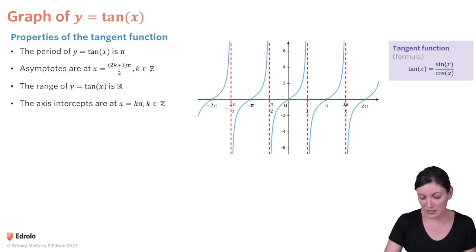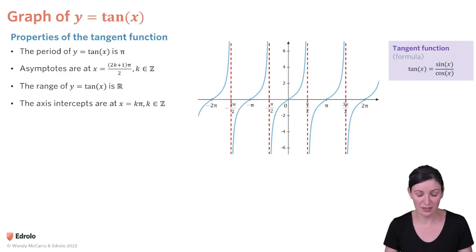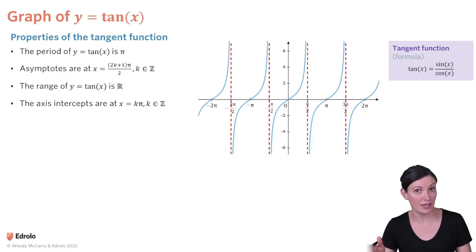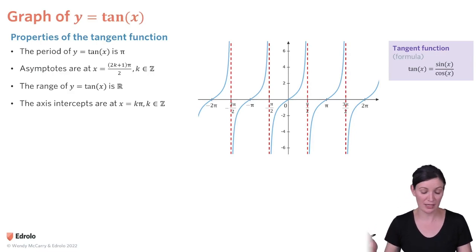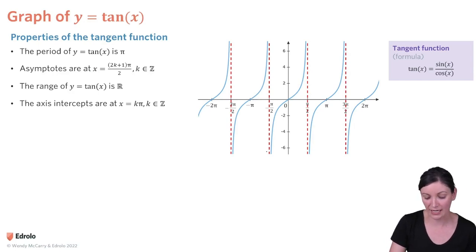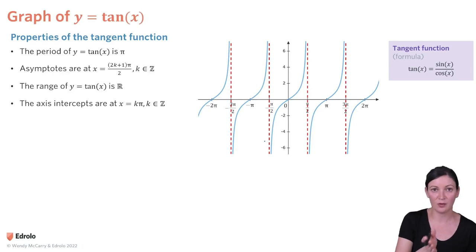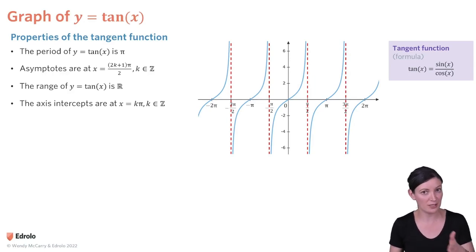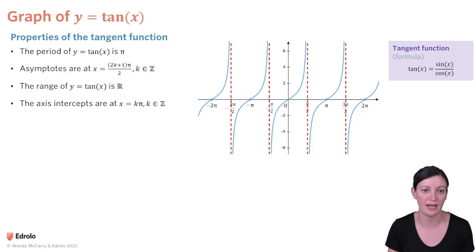The first positive asymptote is at pi on 2 radians, and then it repeats every pi radians, so 3 pi on 2, the next one would be 5 pi on 2, and so on. We can do the same thing on the negative side. The first negative asymptote is at negative pi on 2, and then we subtract pi radians to get the rest of the asymptotes.